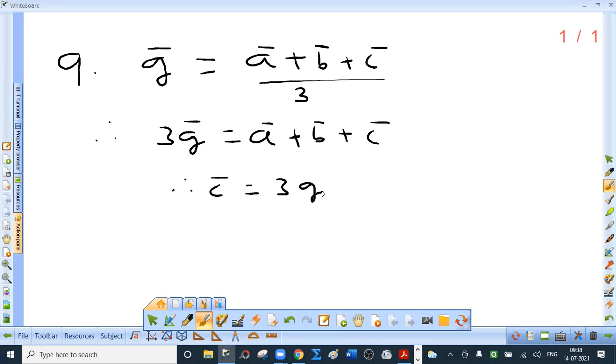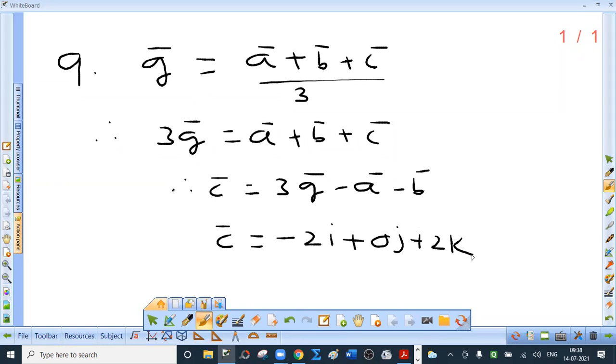It is 3G bar minus A bar minus B bar. Now substitute and tell me what is C bar. Don't just copy. Find on your own. 3G bar minus A bar minus B bar. Yes, you should get minus 2i cap plus 0j cap plus 2k cap.